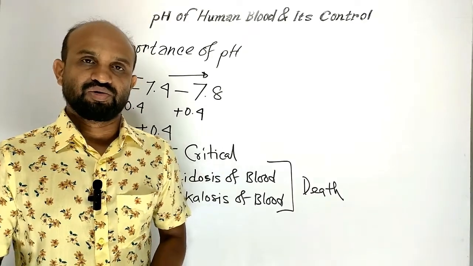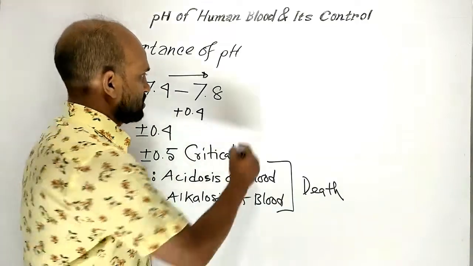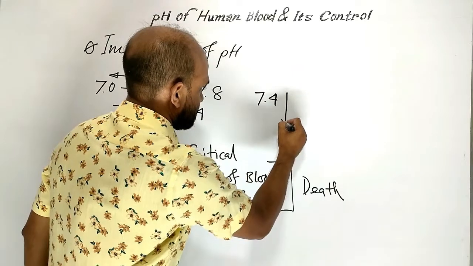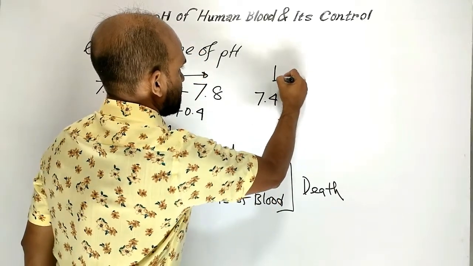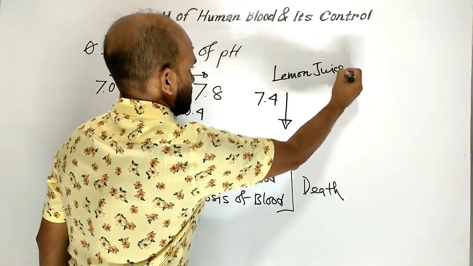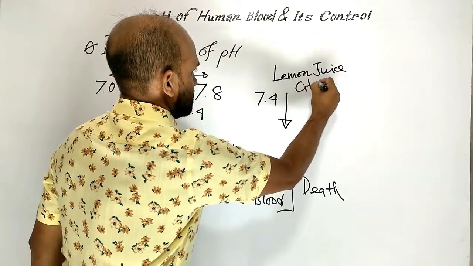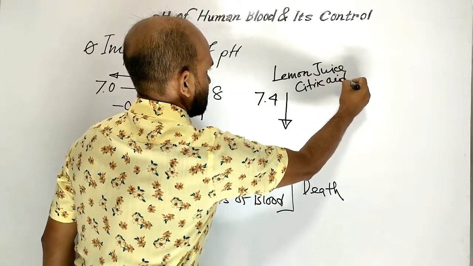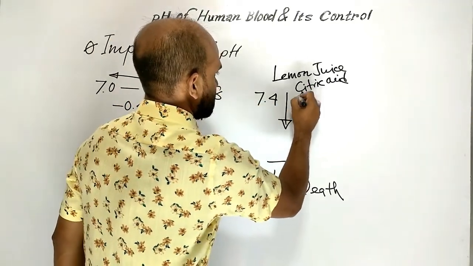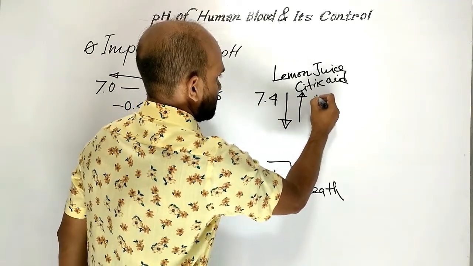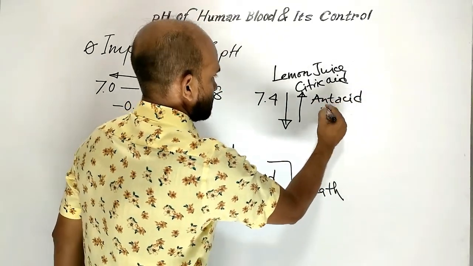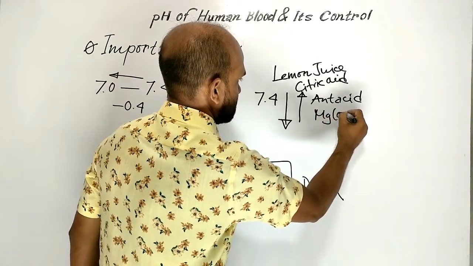But this pH value may change in this way. 7.4, this value may decrease for taking lemon juice that contains citric acid. Again, this pH value may increase for taking antacid that contains magnesium hydroxide.